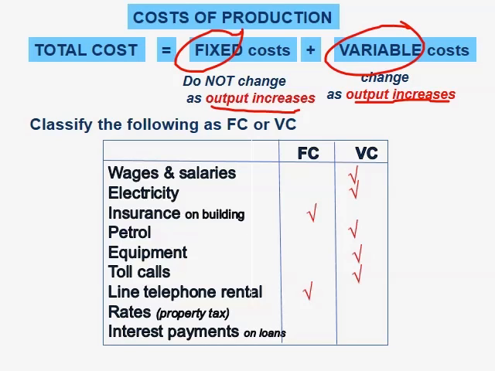If ACG owns this building, it will be paying rates, and this amount is independent of how many students are in the building. Fixed cost. And interest payment on loans, again, fixed cost, because ACG borrows the money to buy the building. Whether there are any students in the building or 1,000, it still will be paying that interest.